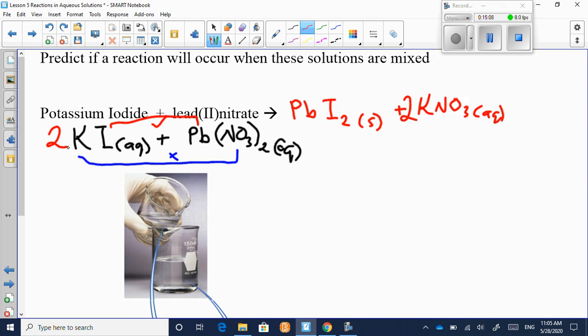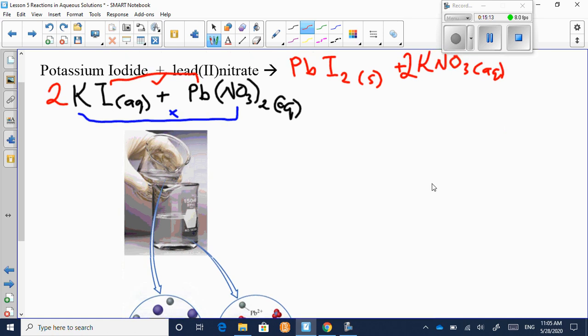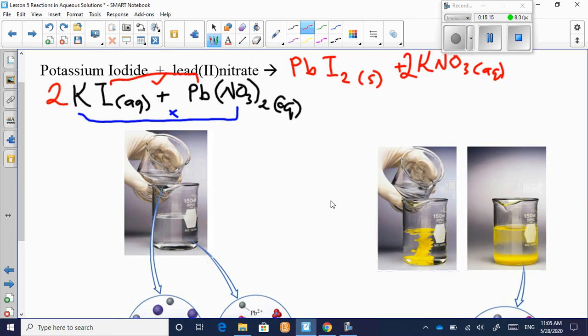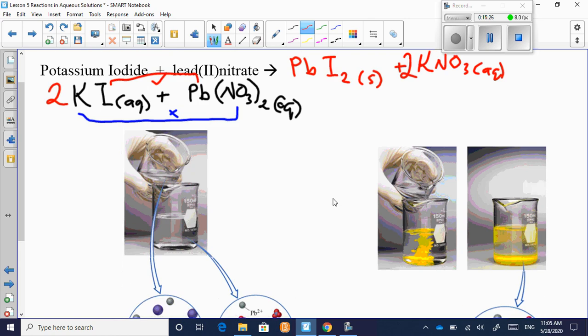Perfect. And I just wanted to show you this, that when you do mix those two beakers together, look what happens. It actually forms this yellow precipitate. It doesn't have to be white, it could be any color. And so in this case, look at this. Lead iodide is a yellow solid.